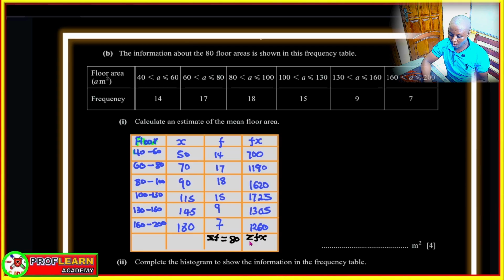Okay, if we add that, I want us to see what that gives immediately. Check, what if we add everything there, what do we get?